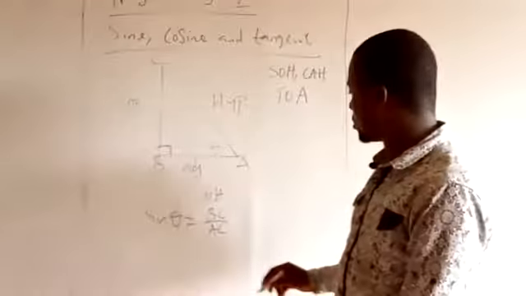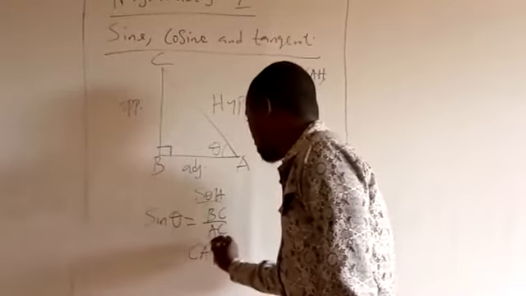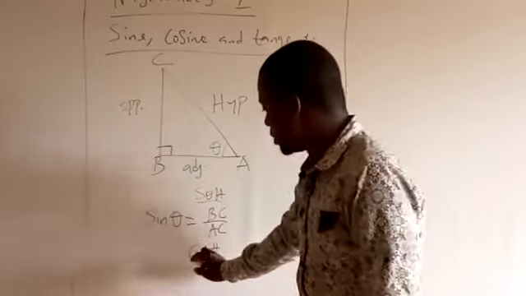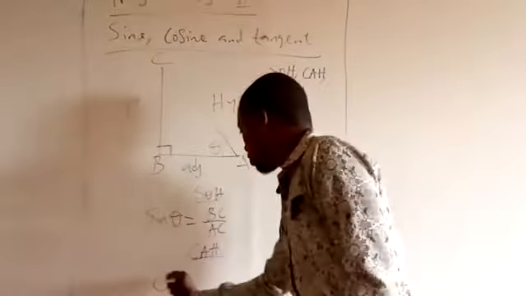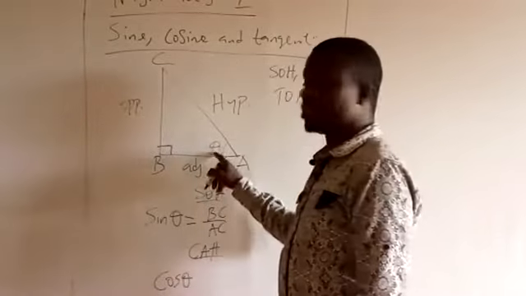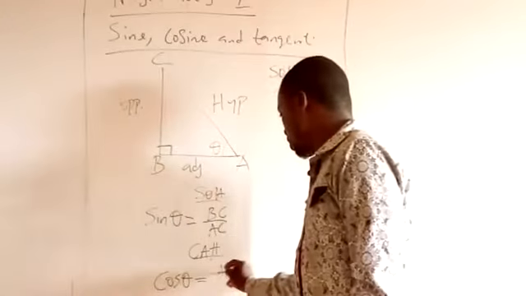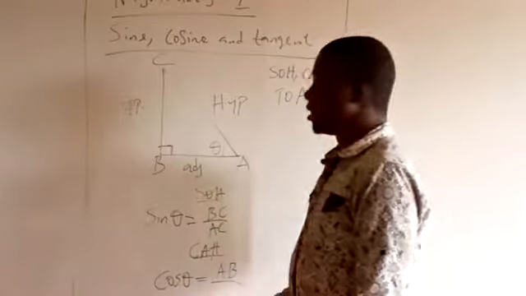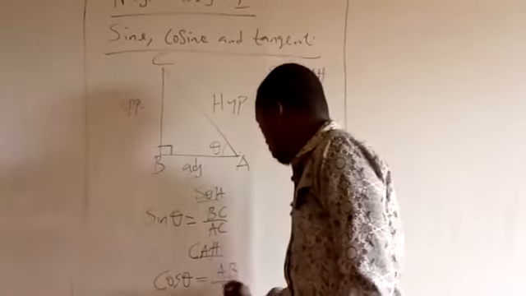Then let's go to cos, which is CAH. The C here represents cos. So cos theta equals the adjacent side, AB, over the hypotenuse, which is length AC.